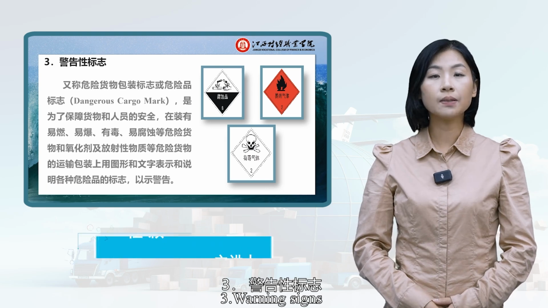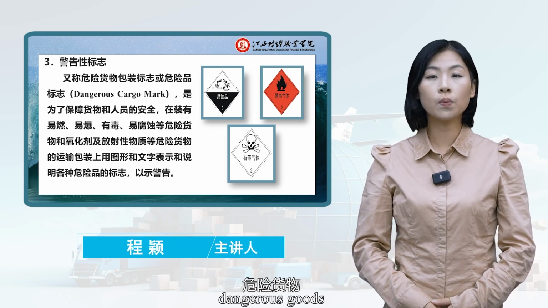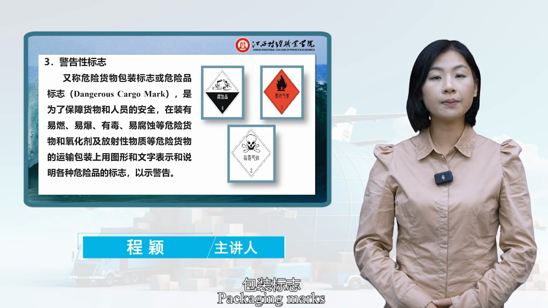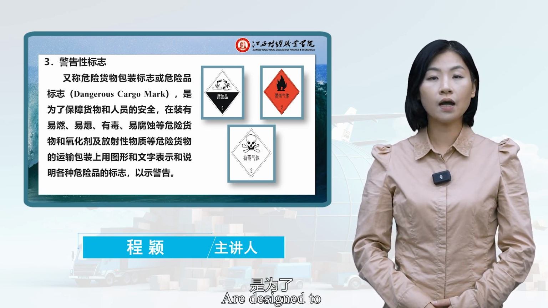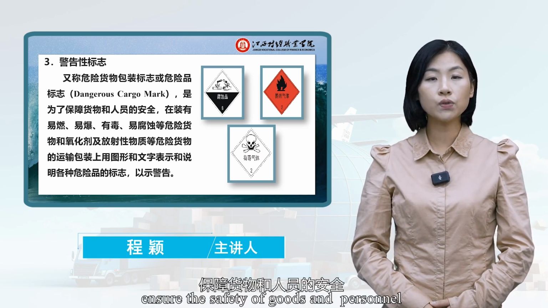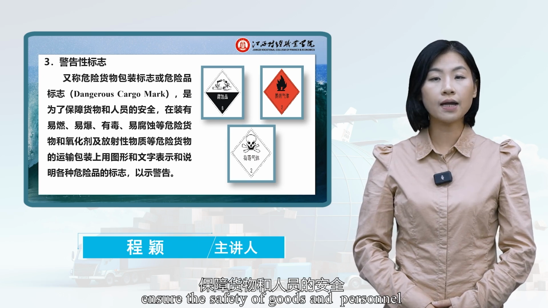Third, warning signs, also called dangerous goods packaging marks or dangerous goods marks, are designed to ensure the safety of goods and personnel.